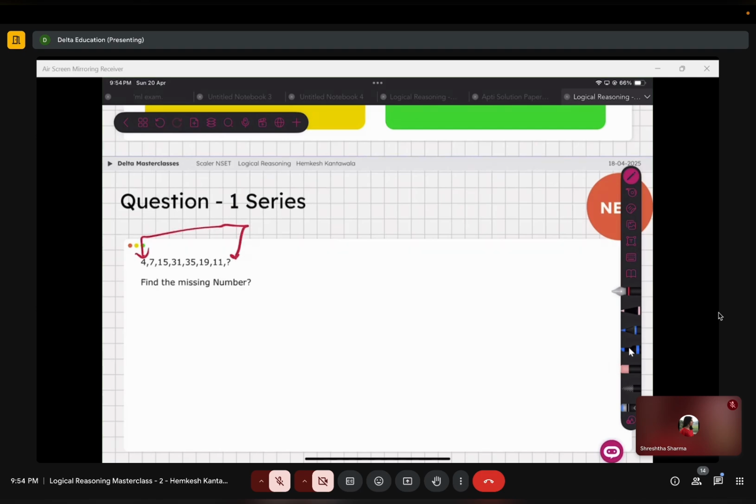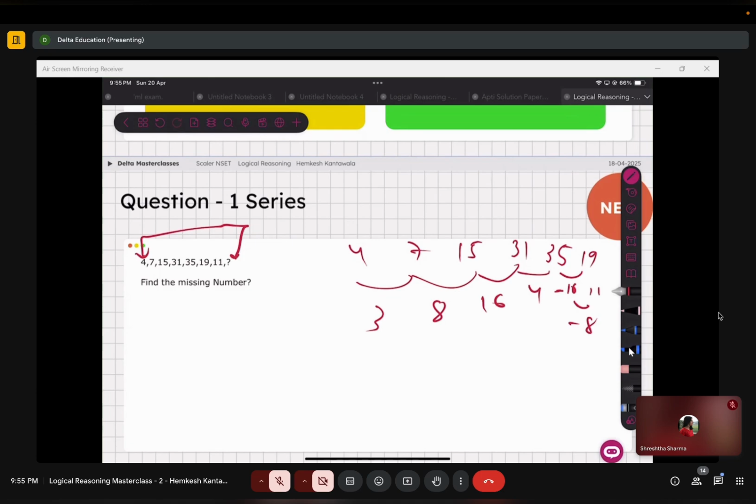Before reaching this pattern, the first thing would be finding this: 4, 7, 15, 31, 35, 19 and 11. You would find this is 3, this is 3 plus 5 which is 8. This is 16, then 4, then this is negative of 16, and this is negative of 8.